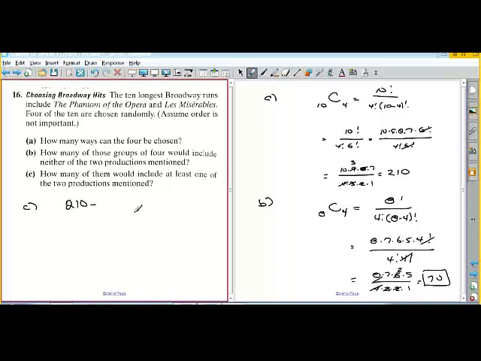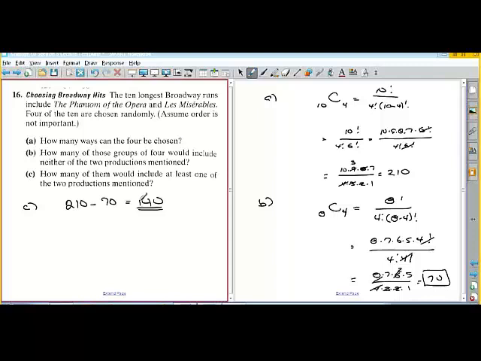And therefore, to answer C, how many of them would include at least one of the 2 productions? Well, that's the number of arrangements where everything is available to choose from, minus the ones that don't include these. So 140, which is kind of surprising. 140 out of the 210 possible have at least Phantom of the Opera or Les Mis.